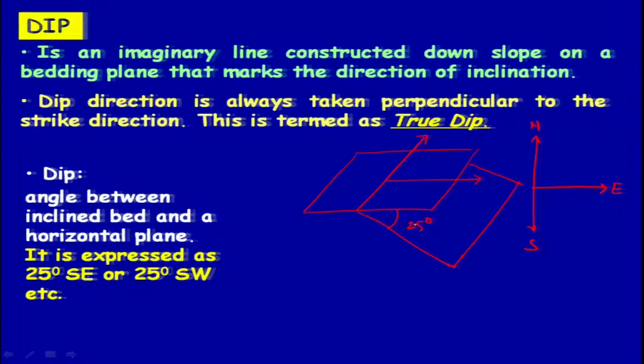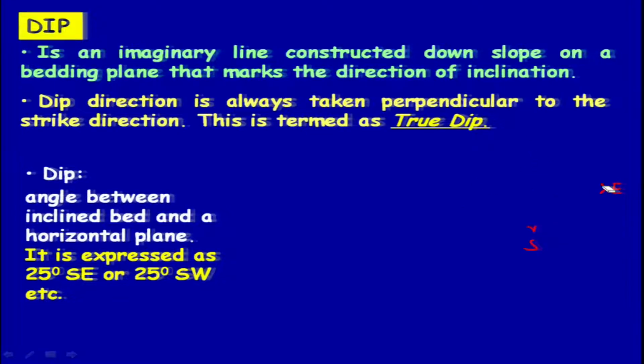Now if you measure the dip in any direction other than perpendicular to the strike, then we call that an apparent dip. This you will have to take into consideration, and in most of the locations, the face you are observing will be very important, because that will lead to measurements of apparent dips.